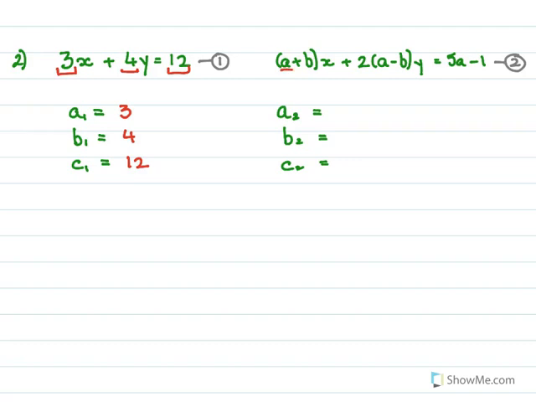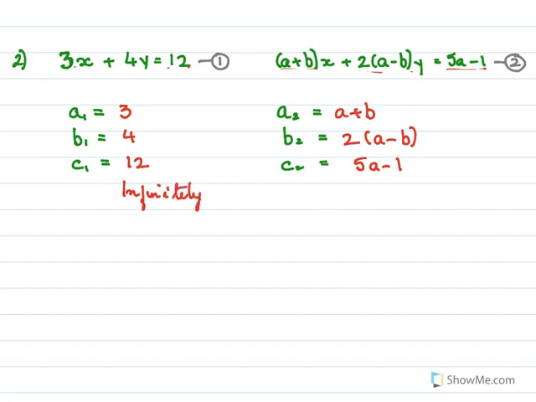Now for a2, the coefficient of x is a plus b. So a plus b is a2. Coefficient of y is 2a minus b. And this would be our c2, 5a minus 1. These equations also have infinitely many solutions, and if that's the case, we know a1 over a2 equal to b1 over b2 equal to c1 over c2.